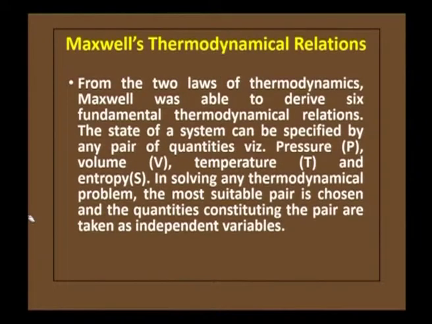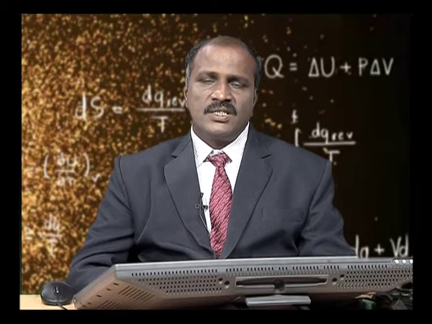Now, let us derive the Maxwell thermodynamical relation. As already stated in the previous lectures, we have concentrated on the first and second law of thermodynamics. So, from the two laws of thermodynamics, Maxwell was able to derive 6 fundamental thermodynamical relations.